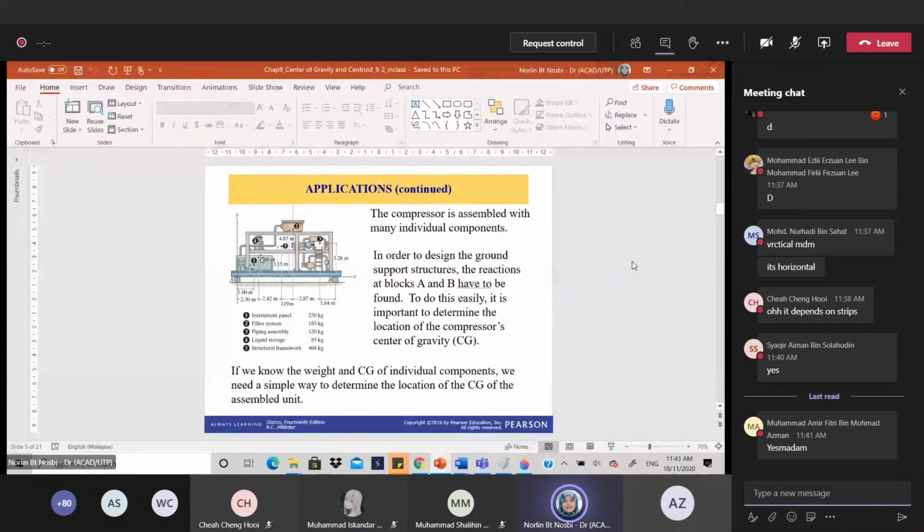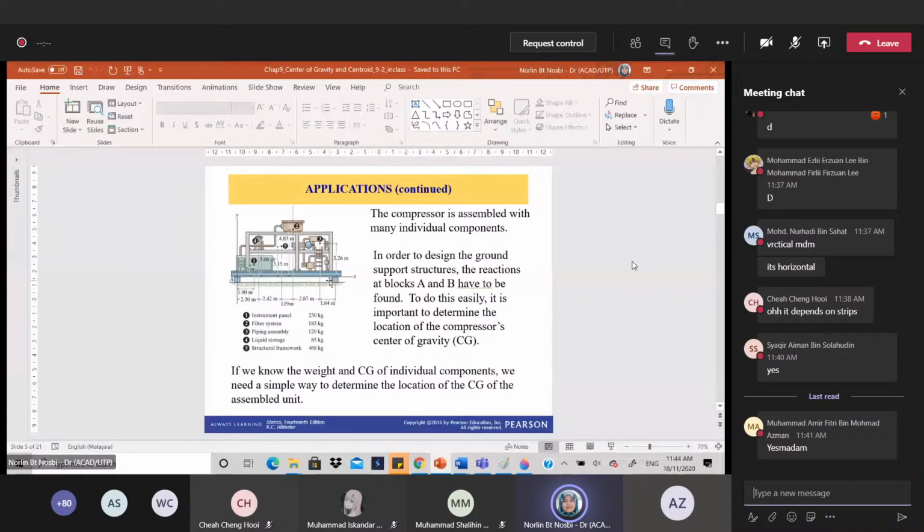All this equipment is on top of the stage. This stage has a support structure at points A and B. These are all heavy parts and equipment supported by A and B.